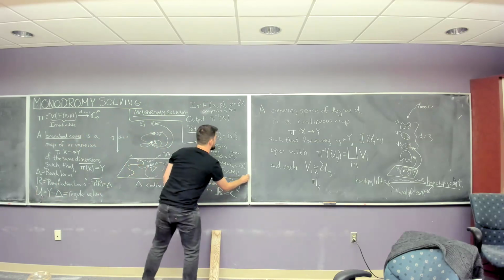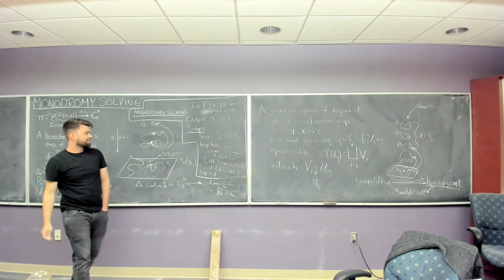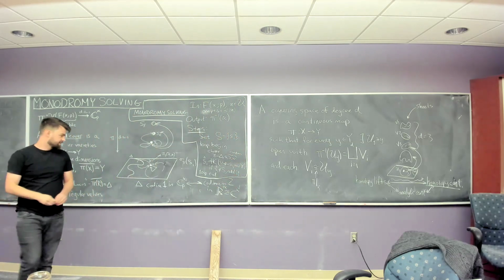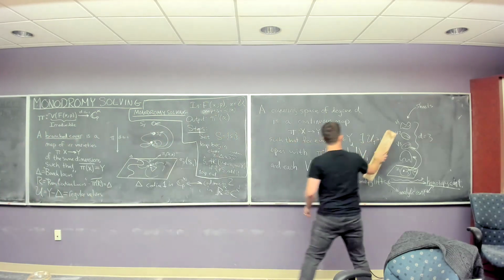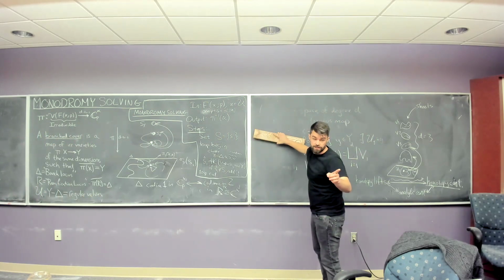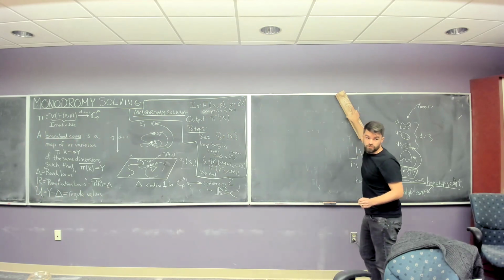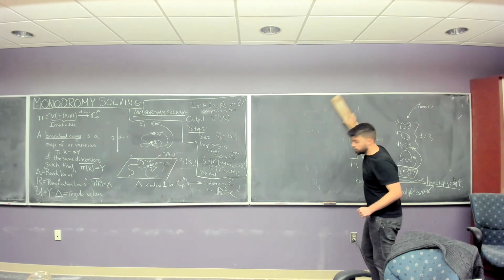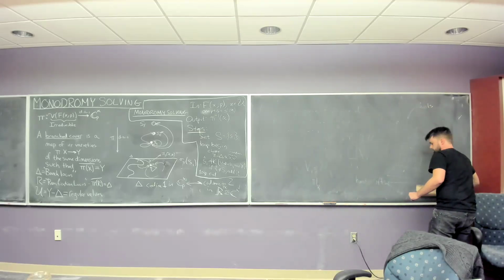Just a question. So, can I say that as long as my loop doesn't go around delta, so it's not contractible, then I'll get a non-trivial solution?